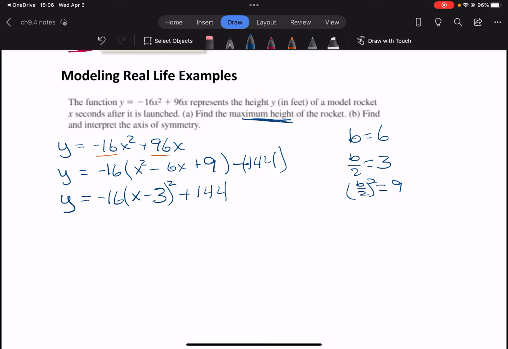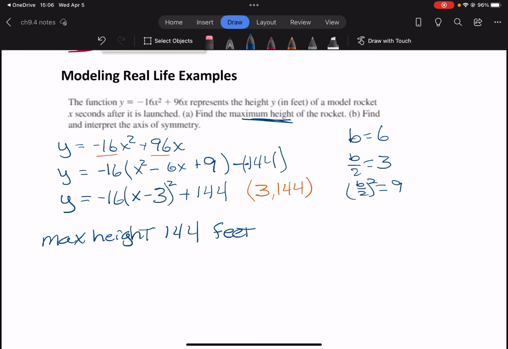So my maximum height is the y-coordinate of the vertex. Well, the vertex is 3, negative 3, which makes it a positive 3 because it's inside. The number on the outside, 144, is also going to be the same sign. So that's 3, 144. So the maximum height is the y-coordinate, which is 144 feet.